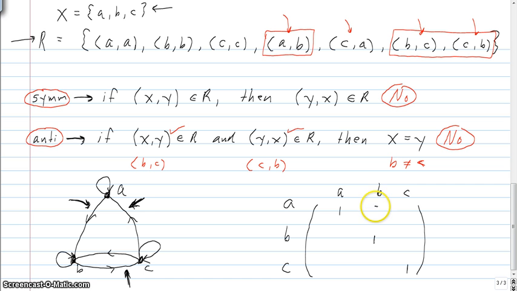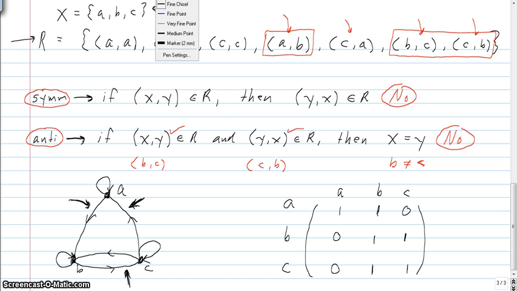And then what else? A related to B, A is not related to C, B is not related to A, B is related to C, C is not related to B, or I'm sorry, C is not related to A, but C is related to B.